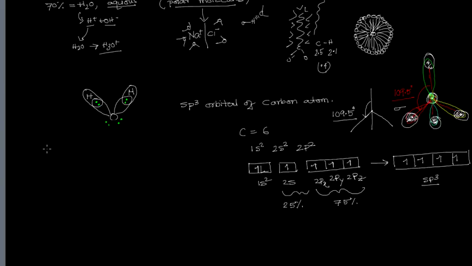So let's consider the oxygen. The valency of the oxygen is about 8. The electron distribution is 1s2, 2s2 and 2p4.